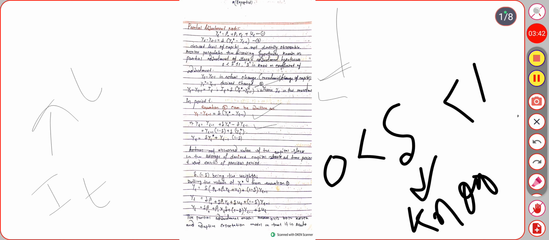Taking yt minus 1 common, in the bracket there is 1 minus del, plus del yt star. So yt equals del yt star plus yt minus 1 into 1 minus del.